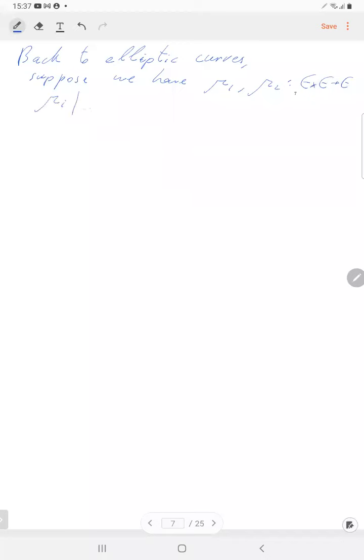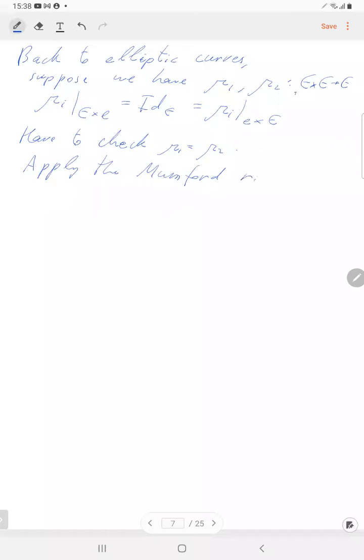So mu i restricted to E times e is the identity of E, and the same as mu i restricted to e times E. So we're going to prove that mu1 is equal to mu2, and we just apply the Mumford rigidity to the morphism pi from E times E to E.